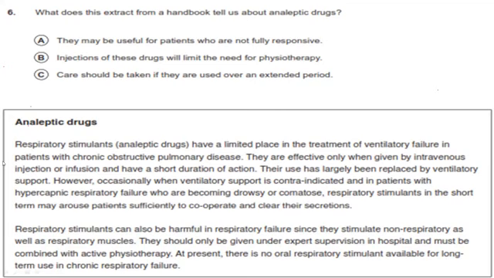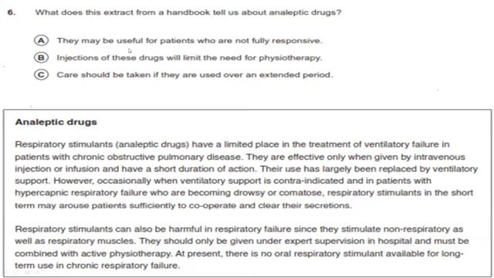Okay, why did you choose this answer? I feel this is the one nearest to the topic itself. But really, I'm not sure about it.